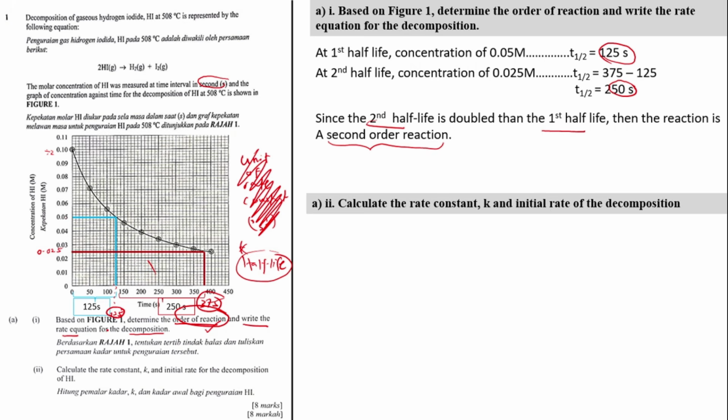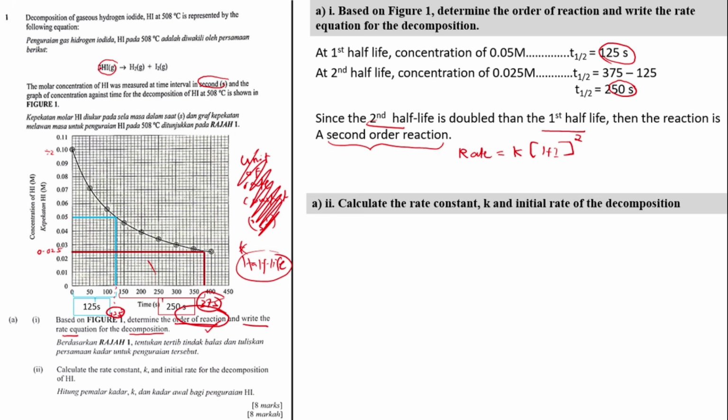And then we need to write the rate equation. When we write the rate equation, we should start our sentence with rate equal to k, which is our rate constant, and then the concentration of the reactant. Our reactant here is HI, and our order of the reaction is 2, so second order.